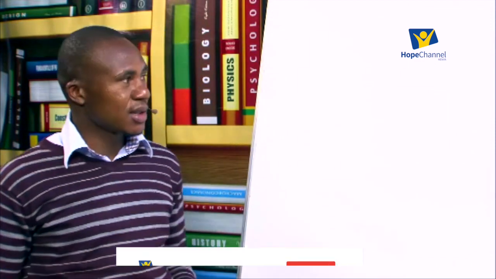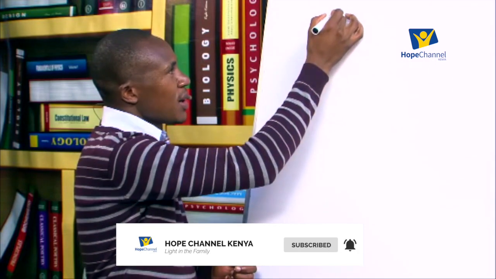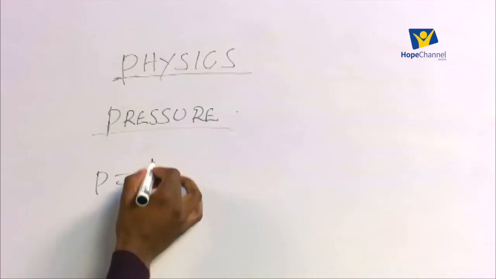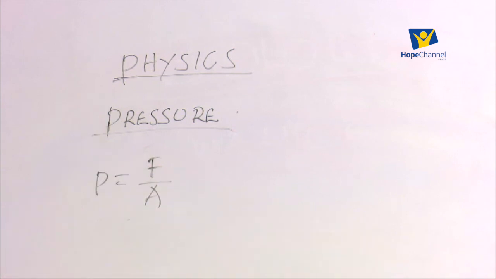So in our previous lesson under the topic pressure, we said that by definition pressure is a force acting normally per given unit area, and so pressure is calculated by taking the force, you divide by the area under which the force is exerted.